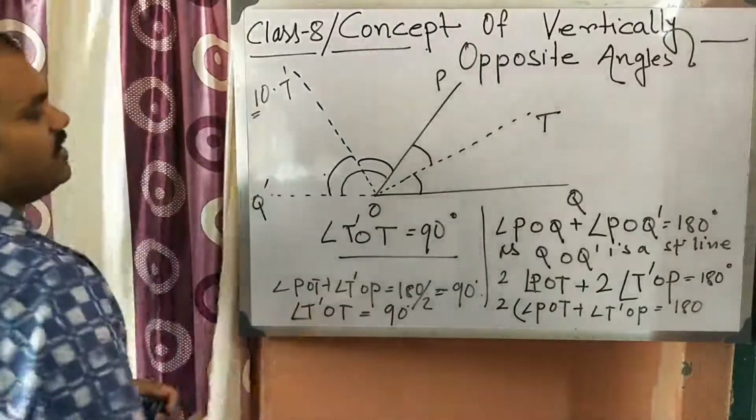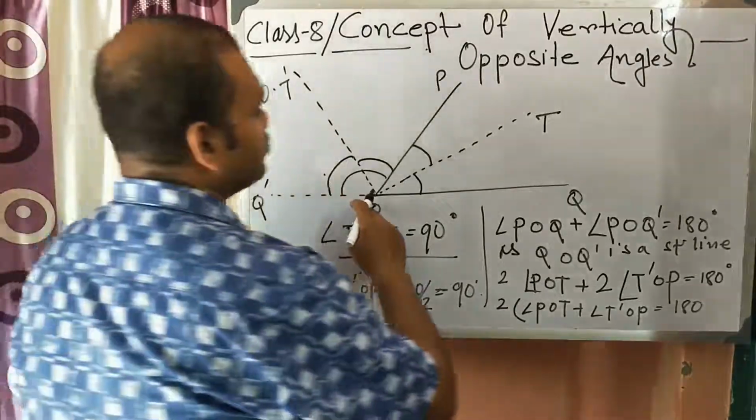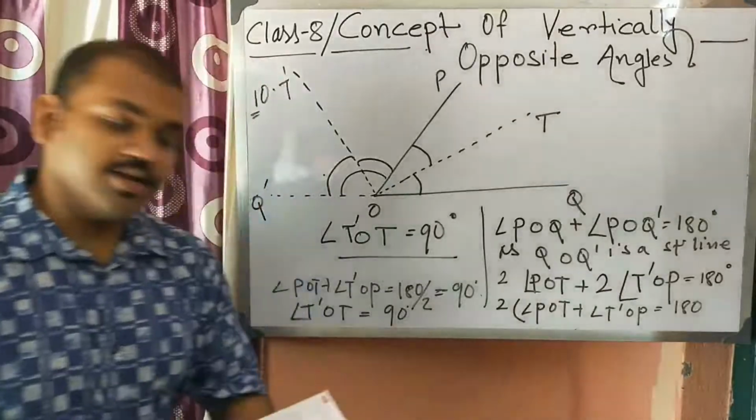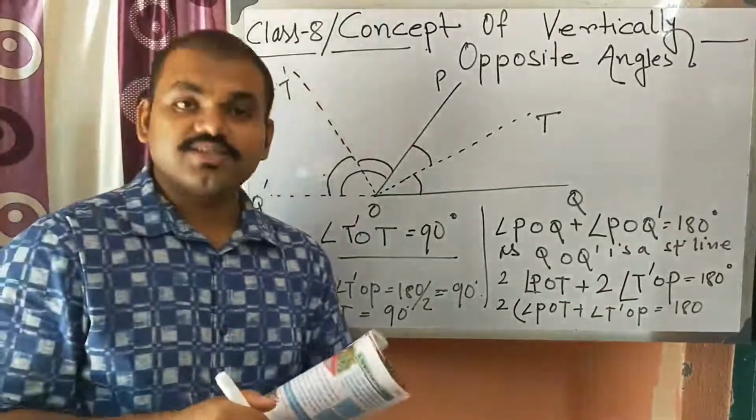So T prime OT is 90 degrees. So OT prime is perpendicular to OT. So the two bisectors are perpendicular to each other. It is proved. Okay.